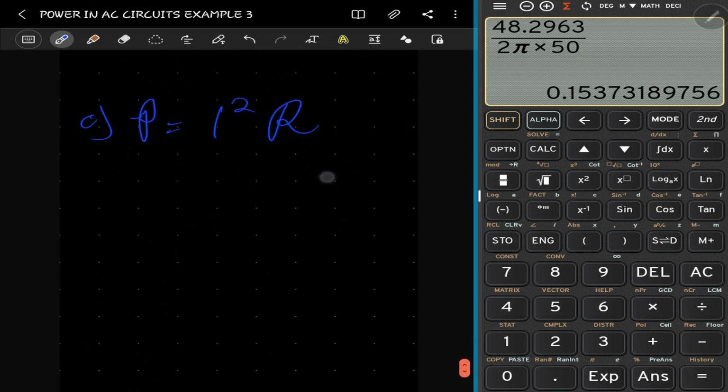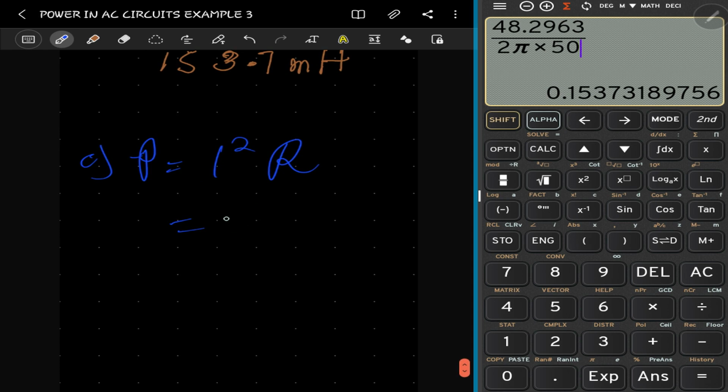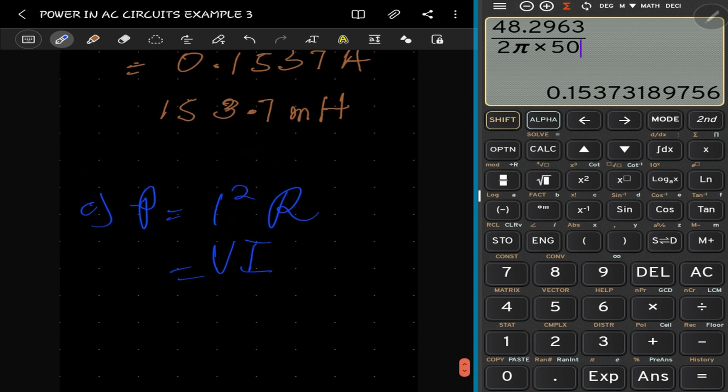We have the current, we have the resistance. Or another way to do it would be to use the RMS value of the voltage and current, and then multiply by cos theta, right? Any of them will work.